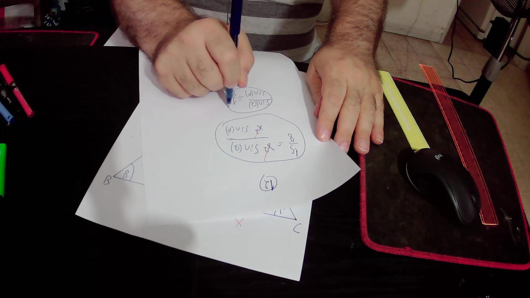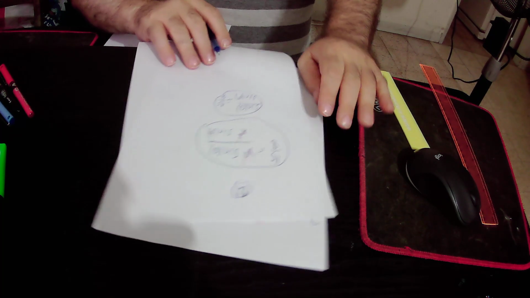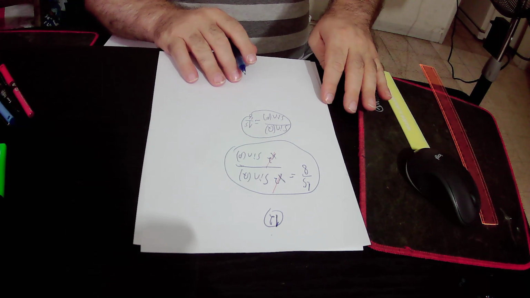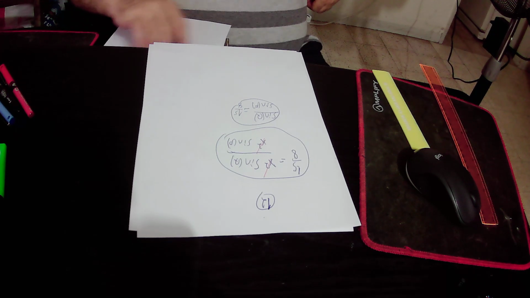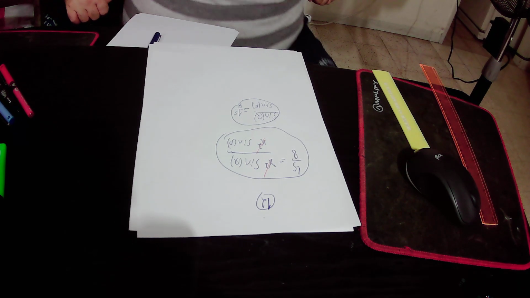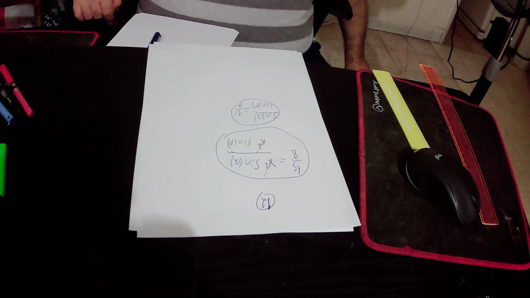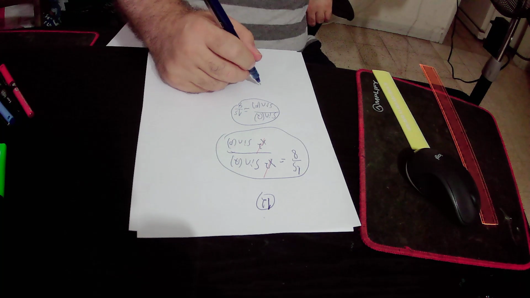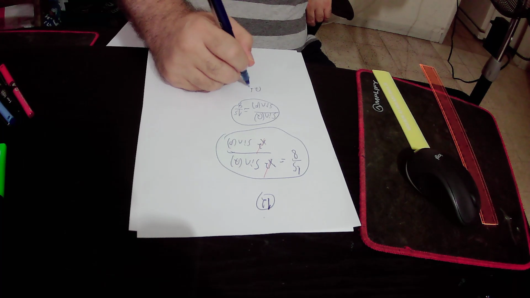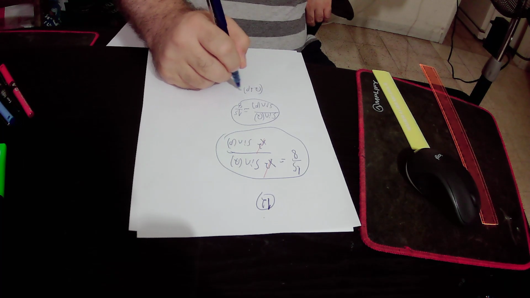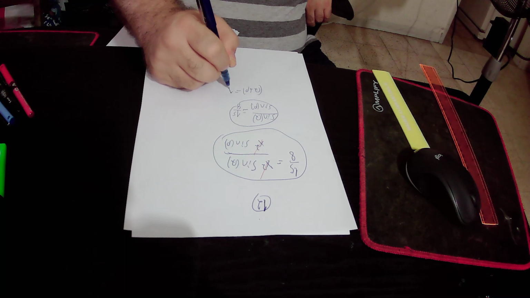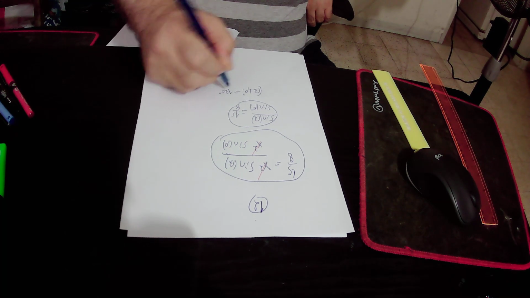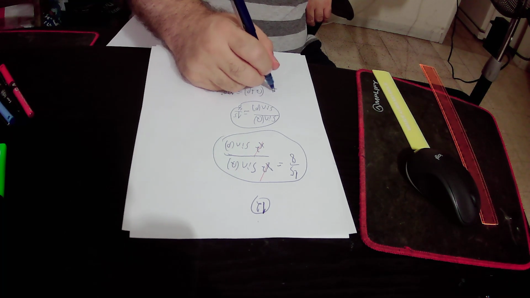Okay. Sine Q over sine P equals 15 over 8. But we have already found out that Q plus P equals 120 degrees. Equation number 2.